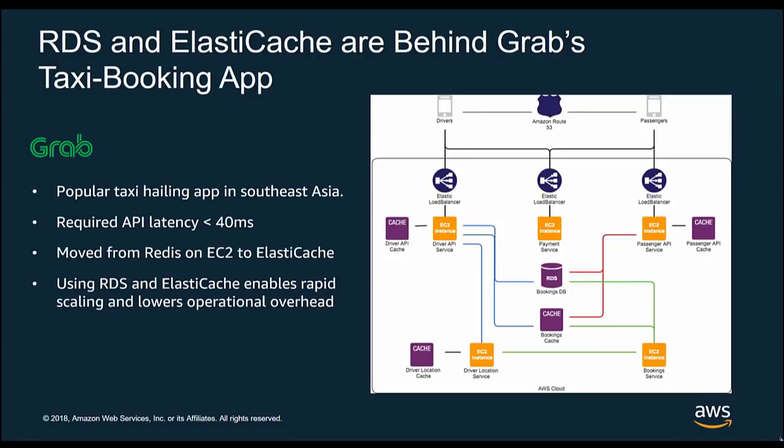And so today, using RDS and ElastiCache, it allows them to rapidly scale and lower their operational overhead, because with both their caching and their relational database management, that has been offloaded onto AWS, and so they don't really need to worry about that or manage that.